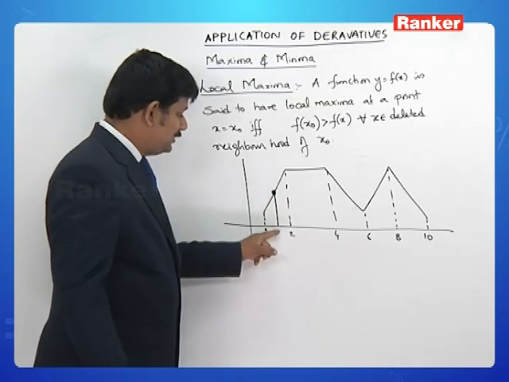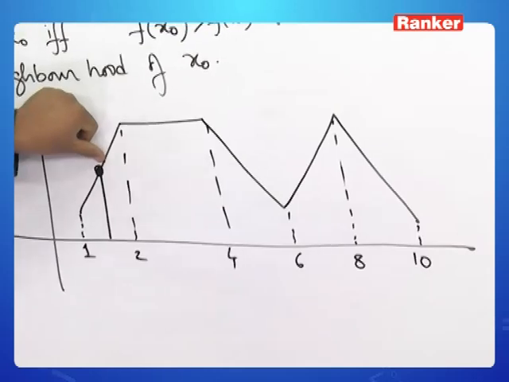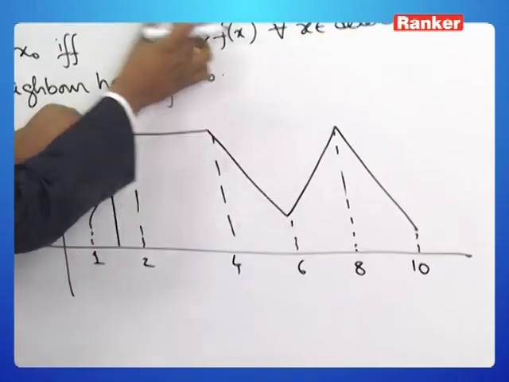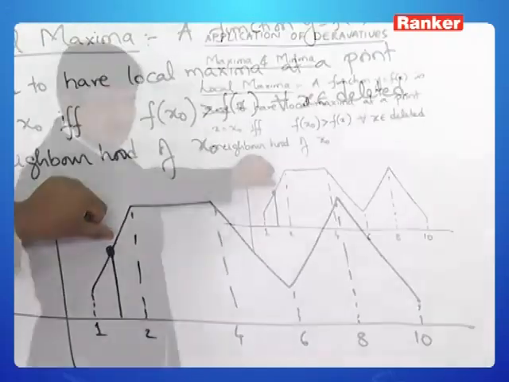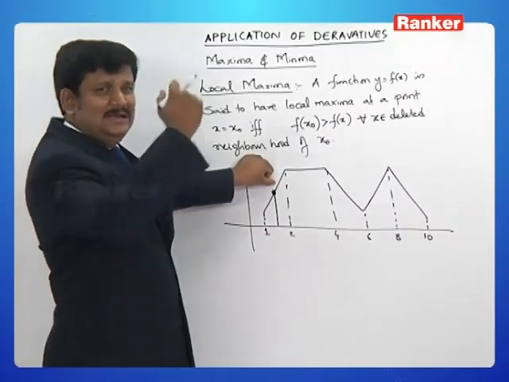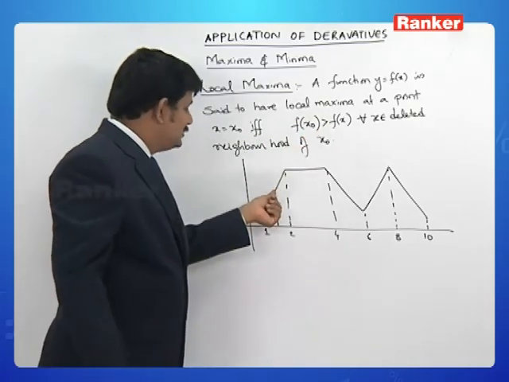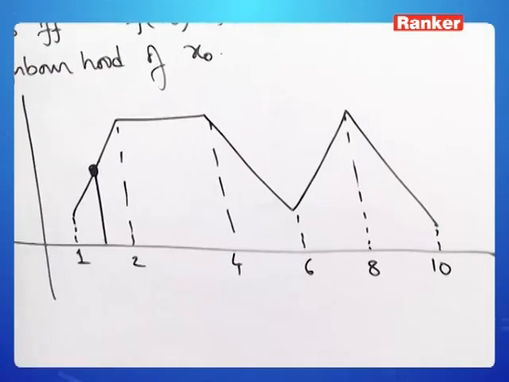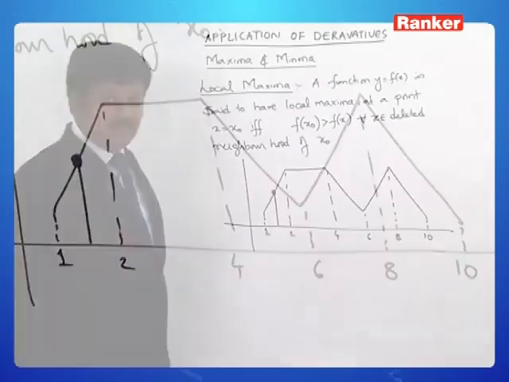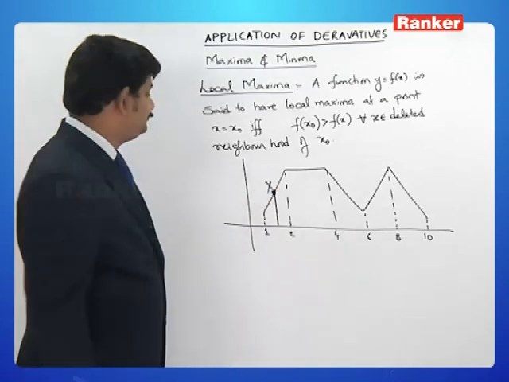When I call this point x naught, f of x values to the right are more than f of x naught, whereas for it to become a local maxima, f of x should be less than f of x naught. F of x naught should be the greatest value in the neighborhood. So here f of x naught is the greatest value in the neighborhood, but to its right, function values are much greater than f of x naught. So this cannot qualify to become a local maxima.